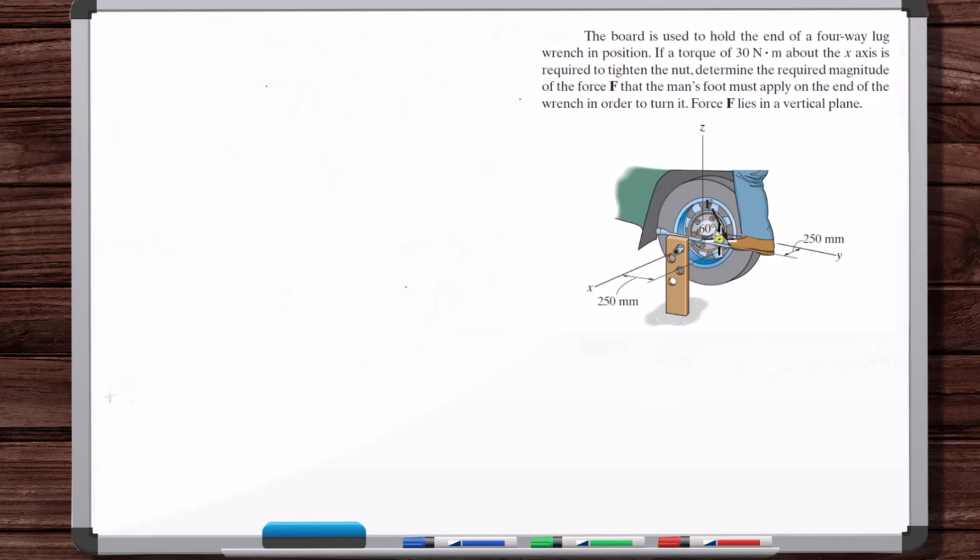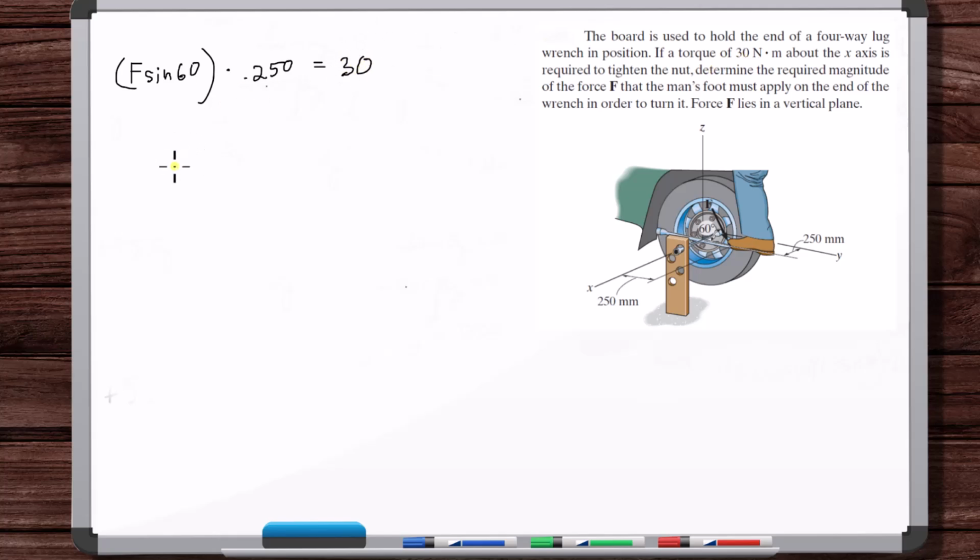So that is F sine of 60 times this 0.250 meters. Okay, so F sine of 60 times 0.250 meters, and we need this to be equal to 30 Newton meters.